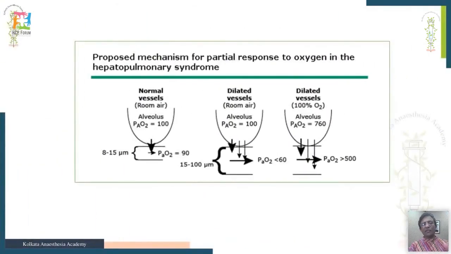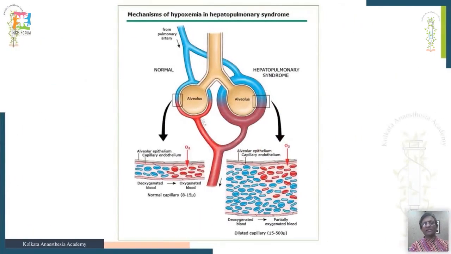Essentially, your pulmonary vasculature gets dilated, and even for the same partial pressure of oxygen in the alveolus, the partial pressure of oxygen in the arteries does not rise unless you supplement with a higher FiO2. This diagram explains how it happens. This is the normal thing, and this is what happens in pulmonary vasodilatation, and oxygenation suffers.